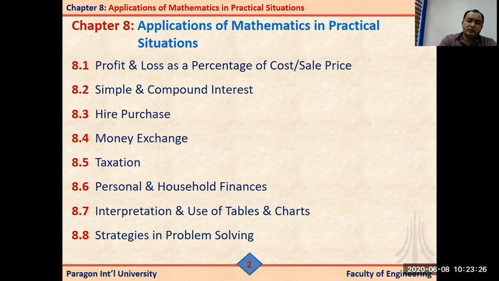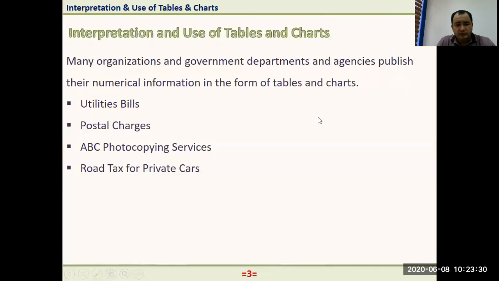We will start with utilities bills. Interpretation and use of tables and charts: many organizations and government departments and agencies publish their numerical information in the form of tables and charts. For example, you are sitting for several different exams and you have quizzes and assignment scores.